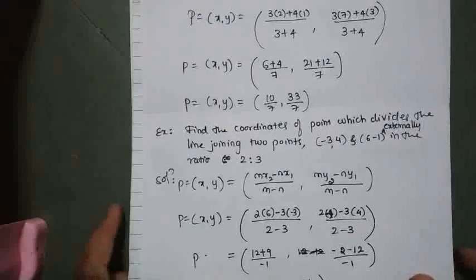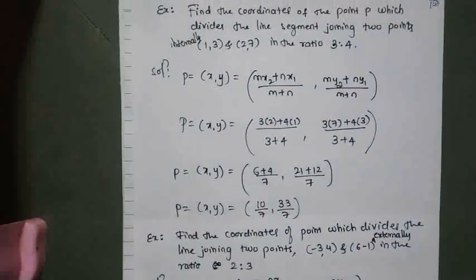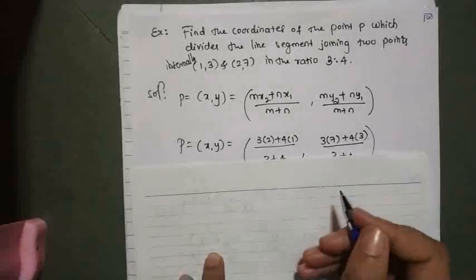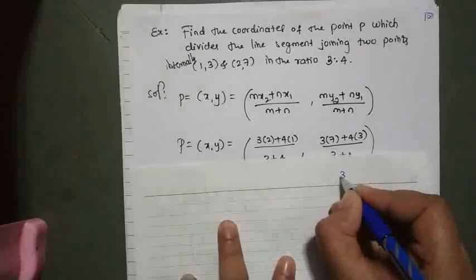Second example. Find the coordinates of the point P which divides the line segment joining 2 points 1, 3 and 2, 7 internally in the ratio 3:4. Okay, so first take the ratio.